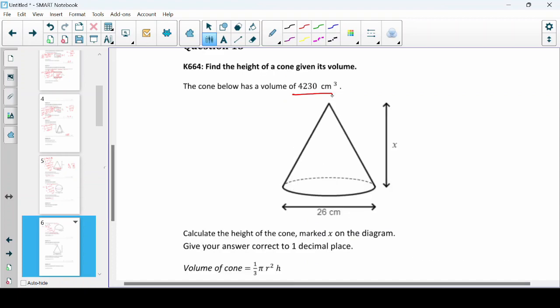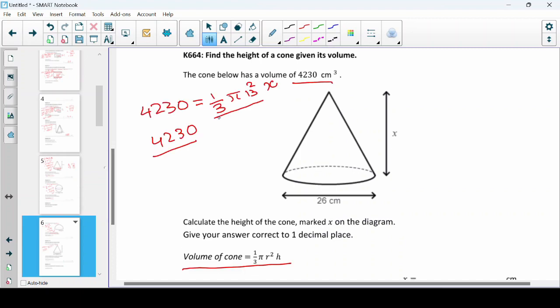Then 13 square, and height is x, which is unknown. So we solve this question and bring this portion to the other side, and divide by this one. So first we solve 1 divided by 3 times pi times 13 square.